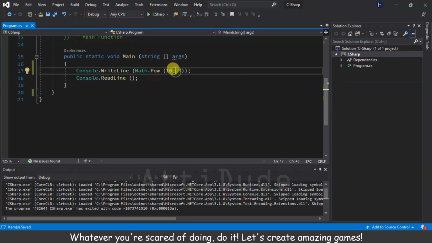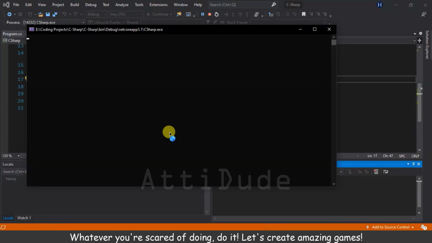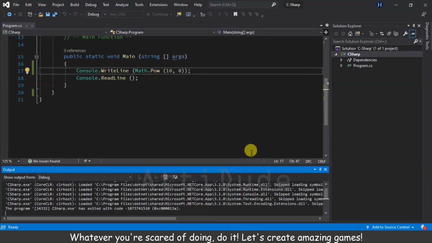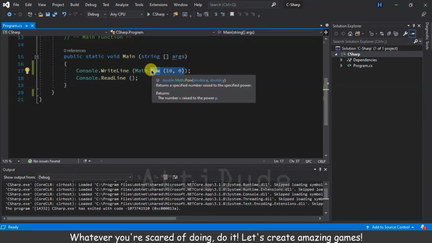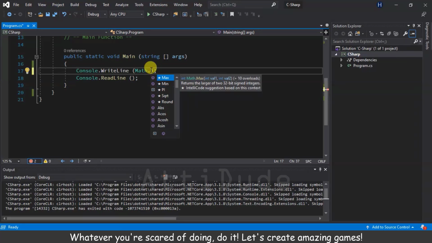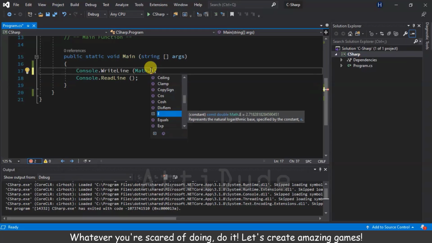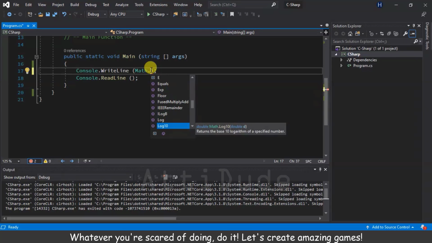And if you have the power of 0, it's just gonna return 1. Let's test. There we go. It returns us 1 because it's the law of math. You cannot change it. We looked at many of these. E is basically the natural logarithm. You can even work with these values.